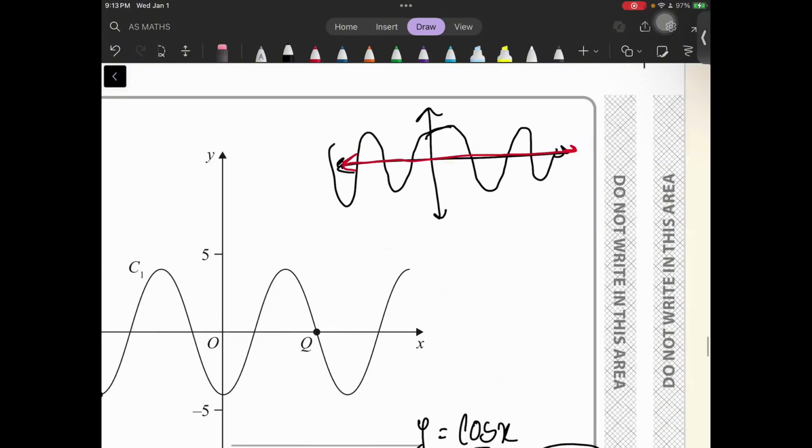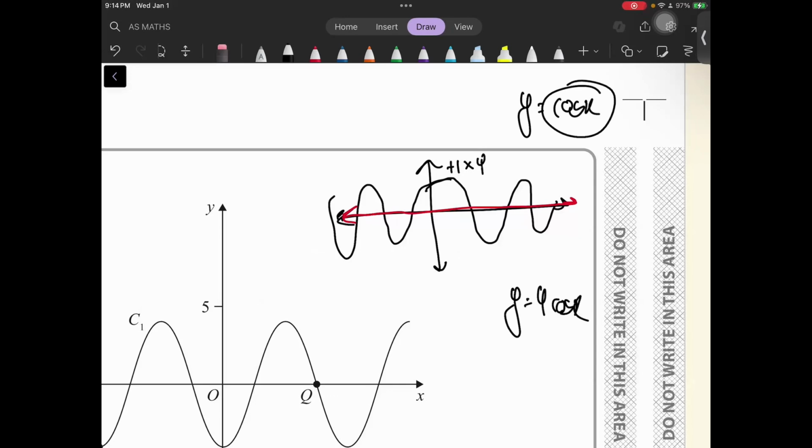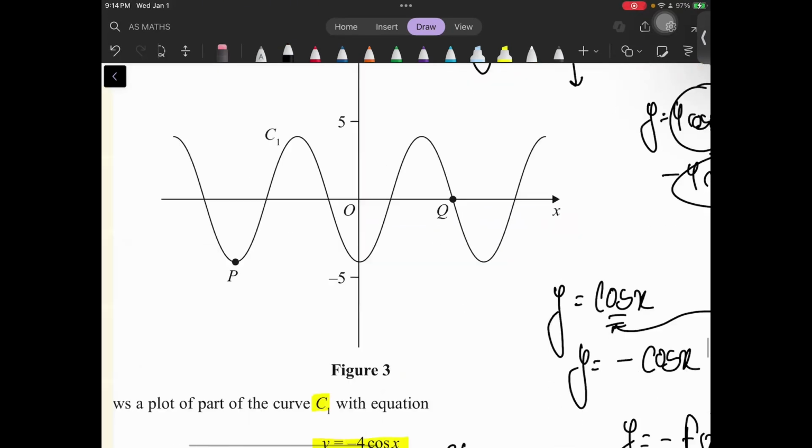It has a maximum point of plus 1 and a minimum point of minus 1, right? So this would be multiplied by 4 to get a graph of y equals 4 cos x. And then the minus 4 cos x would mean that it is reflected on the x-axis. So yeah, this is the trick of this graph. If you get a hang of this, then it becomes simpler.